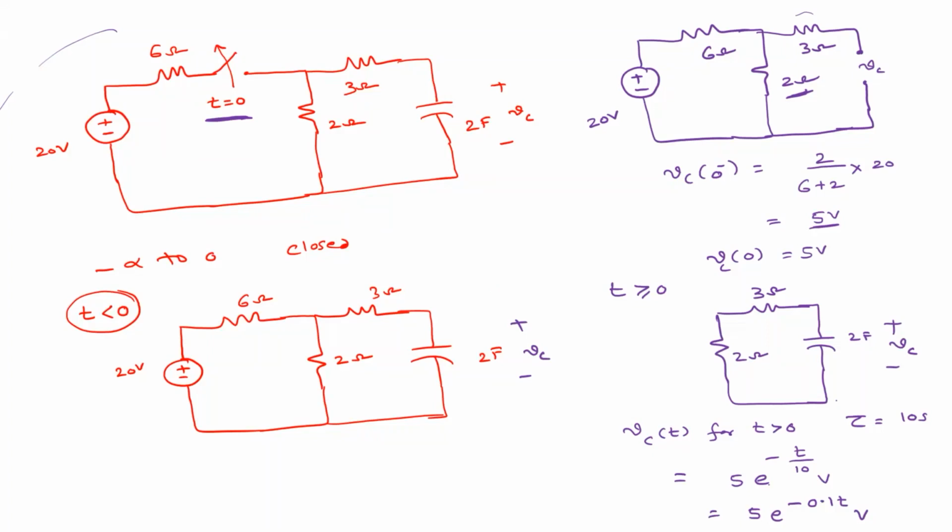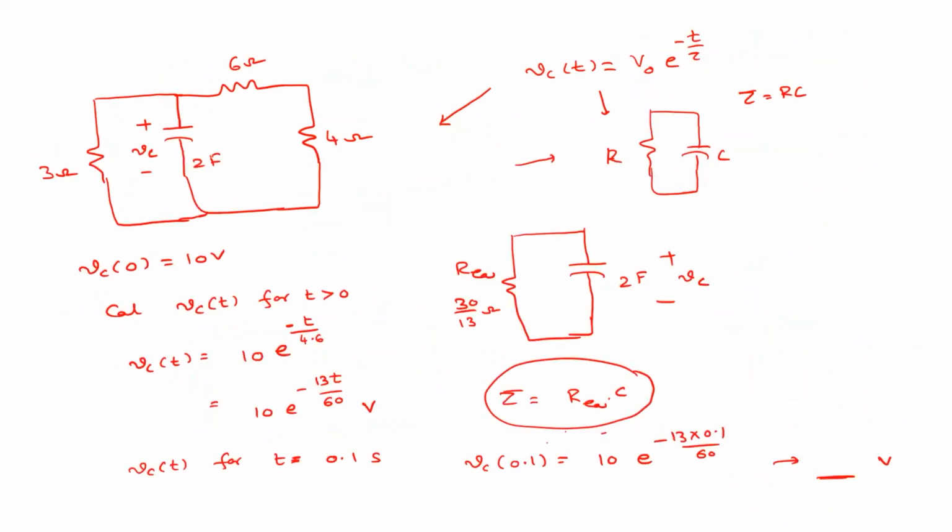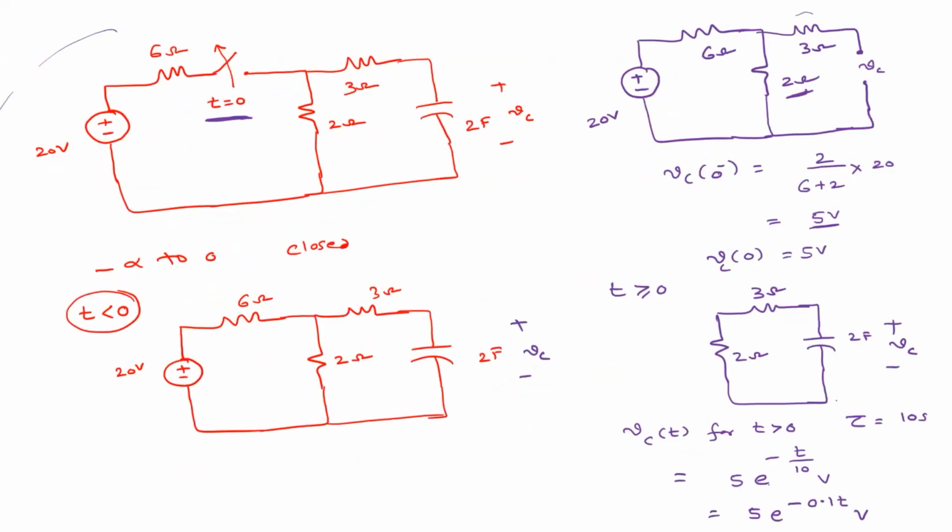So here, in the previous class, the initial conditions are given. Voltage across the capacitor is given as 10 volts, right? Whereas here in the next question, the initial voltage across the capacitor is not given, but from the circuit we need to calculate that. So we need to clearly observe the switch position.